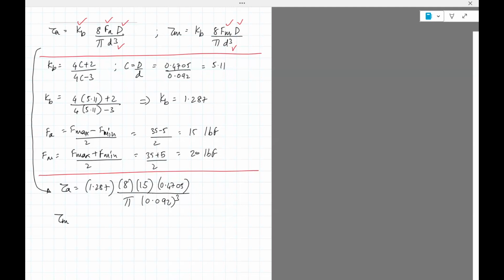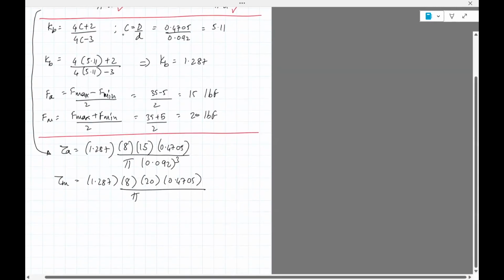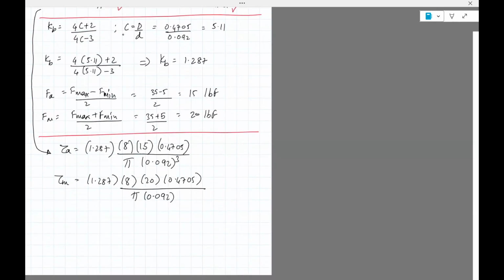And then tau M is 1.287, 8 times 20 times 0.4705 divided by pi, 0.092 cube.